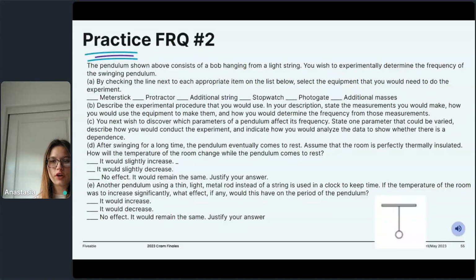All right, let me know if you guys are ready to move on. Yeah, always make sure to read the whole problem. If it says justify it, do so, because you'll be losing points, and that can be a really big chunk of points. Even justifying it can be like 2 points.